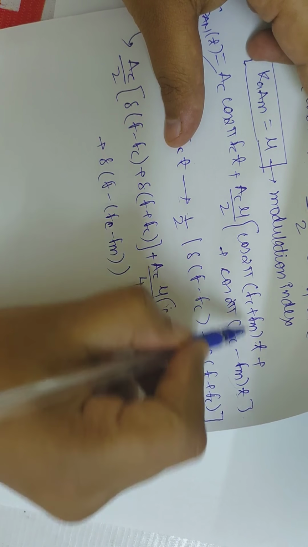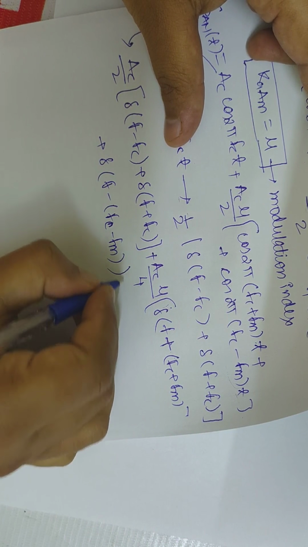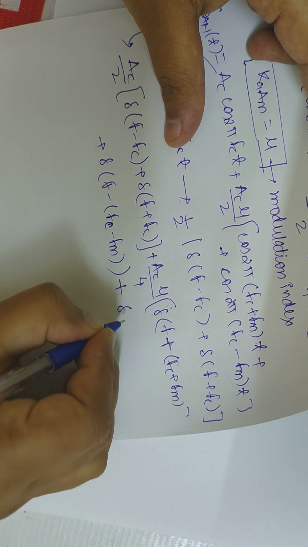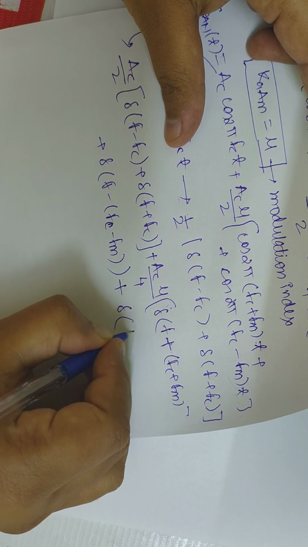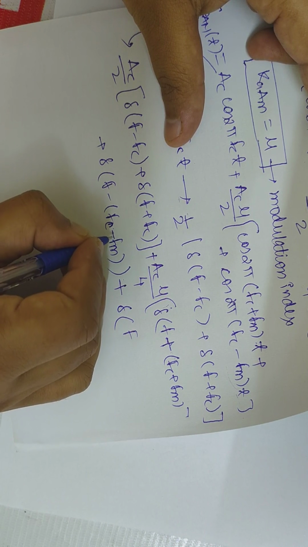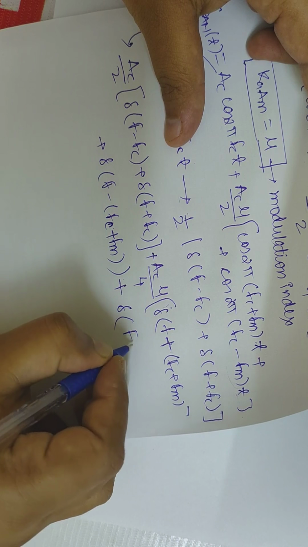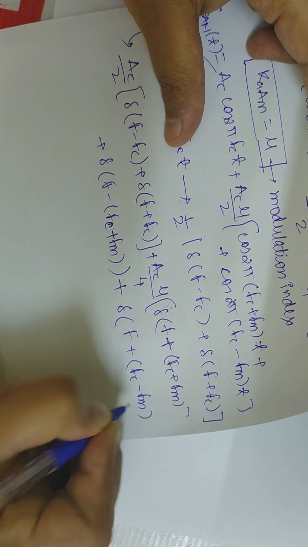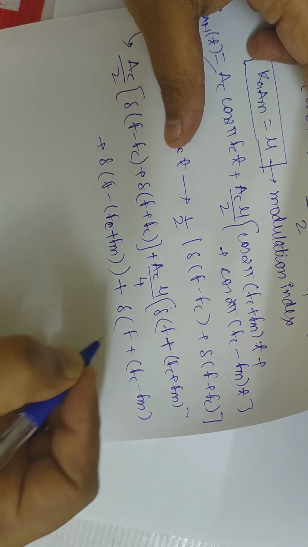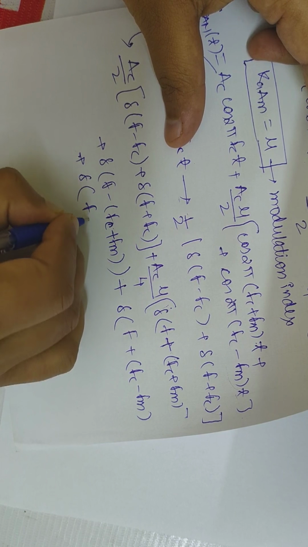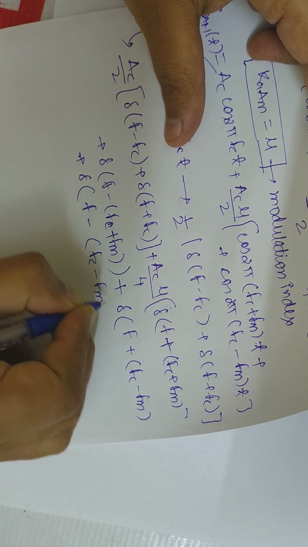Similarly, the Fourier transform for this part will be plus del(f plus fc minus fm) plus del(f minus fc minus fm).